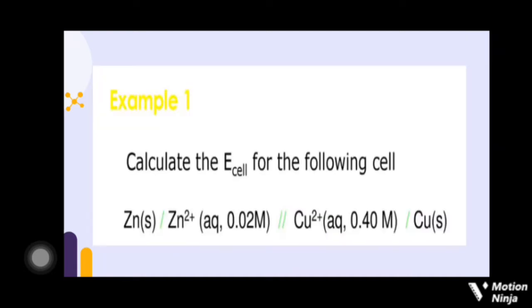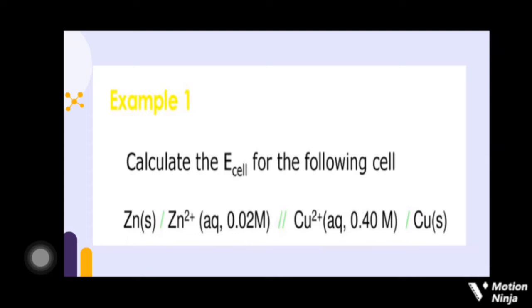Next, the third one, or the easiest one, is E cell equals E naught cell minus 0.0592 divided by the number of electrons involved in the reaction multiplied by the log of product divided by the reactant, also known as the reaction quotient.